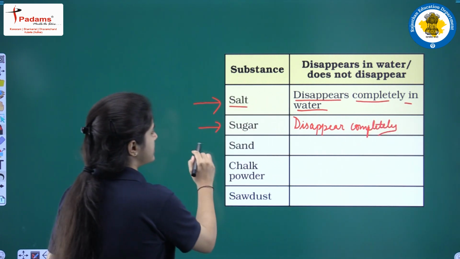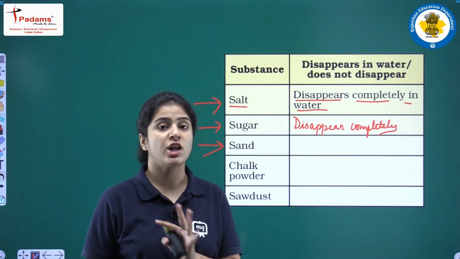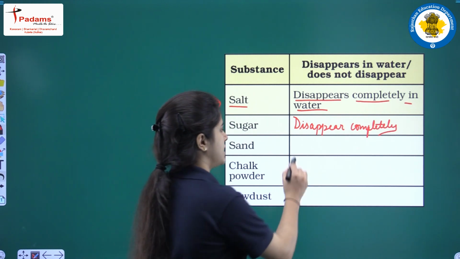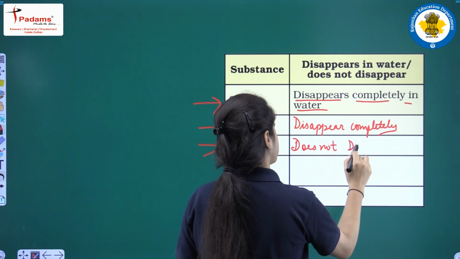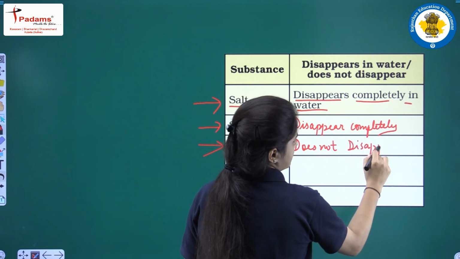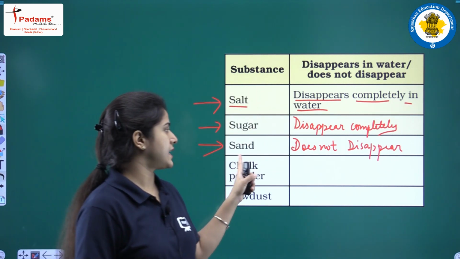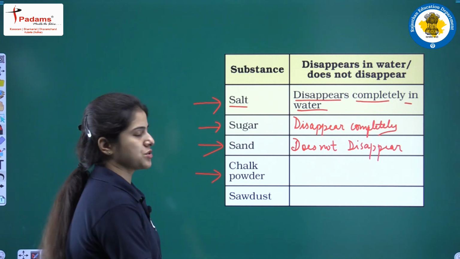Next students, what about sand? Sand is an insoluble substance, it will not get dissolved in water, so it will not disappear. Next is chalk powder.